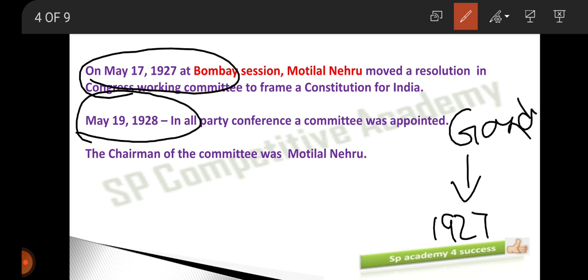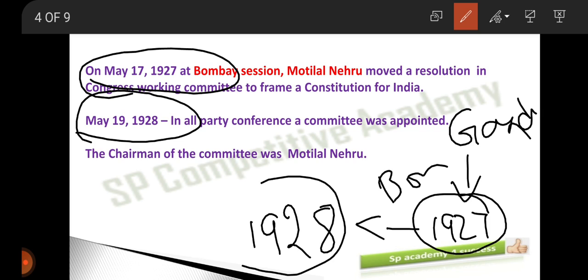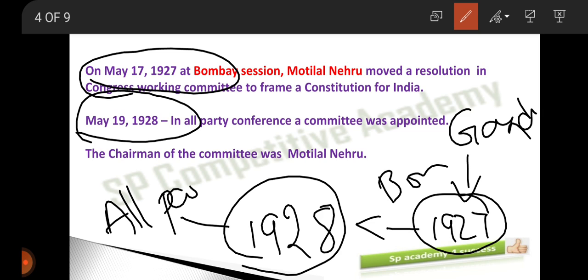Then after 1 year, in 1928, a committee was appointed in the All Party Conference. So please make these points noted. These are important.